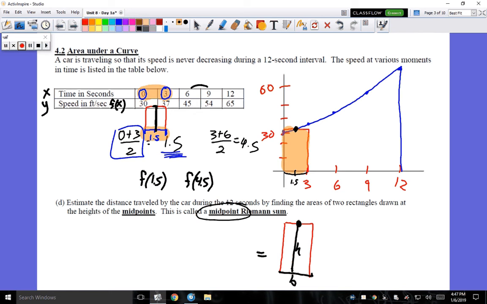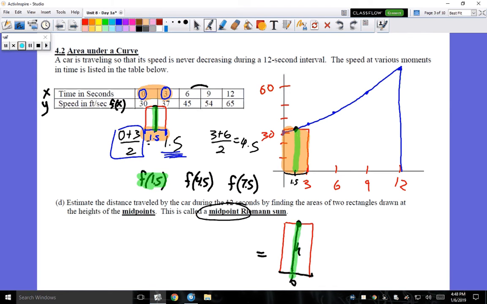Again, the midpoint between these two will be f of 7.5. So remember, this is saying a y value at 1.5. I'm going to highlight it in green just real quick. The y value at 1.5 is right here, and in the graph, it would look like right here. And then so on and so forth.